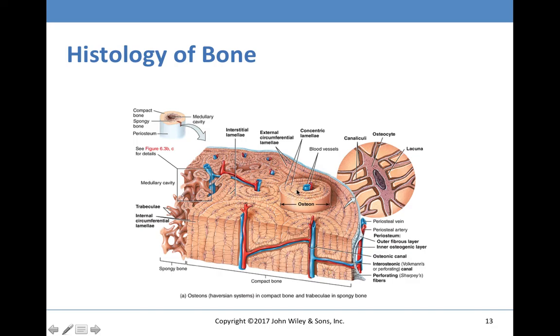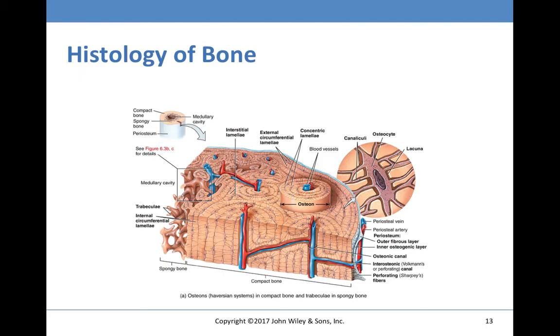So you see here the osteon, this entire unit, or the Haversian system. Here's one osteon. Here is another entire osteon from here to here. And then this is a cut portion of an osteon, another cut portion of an osteon. All of these together make up the outer part of the bone.